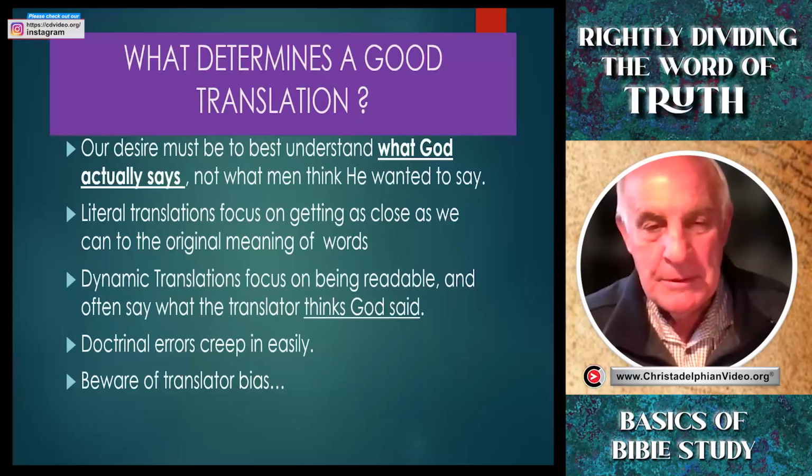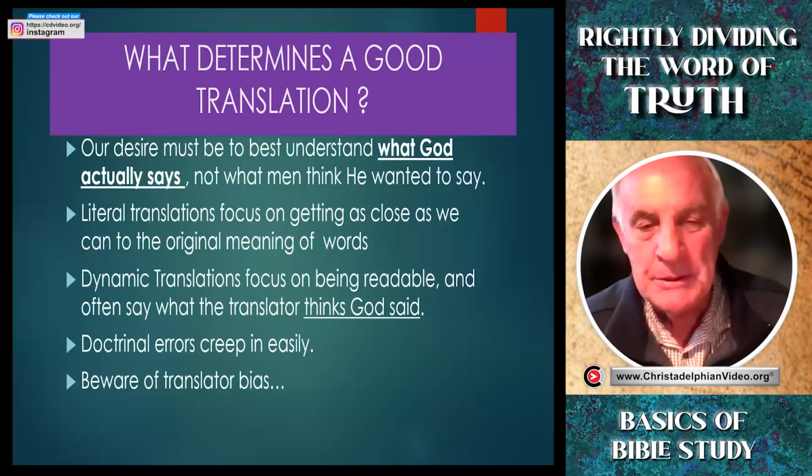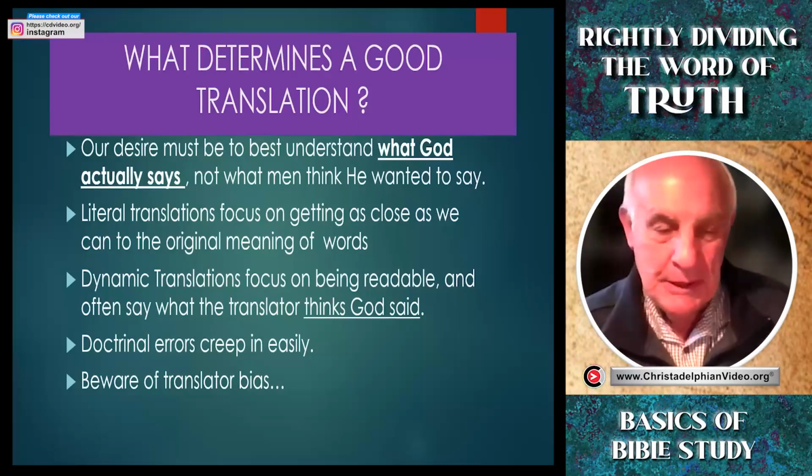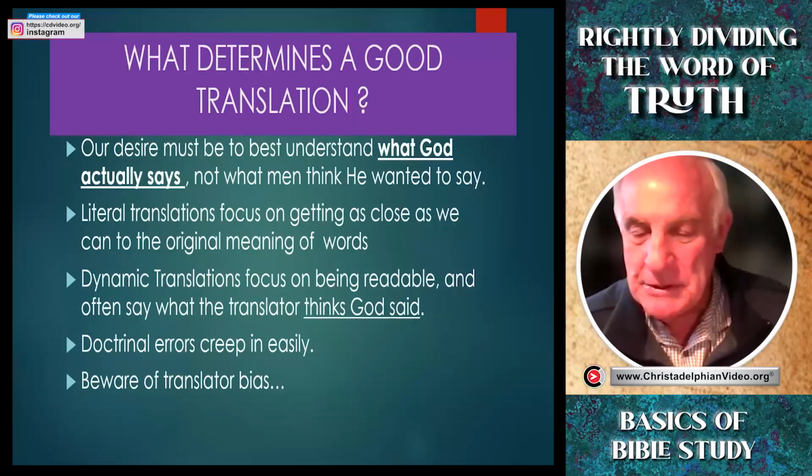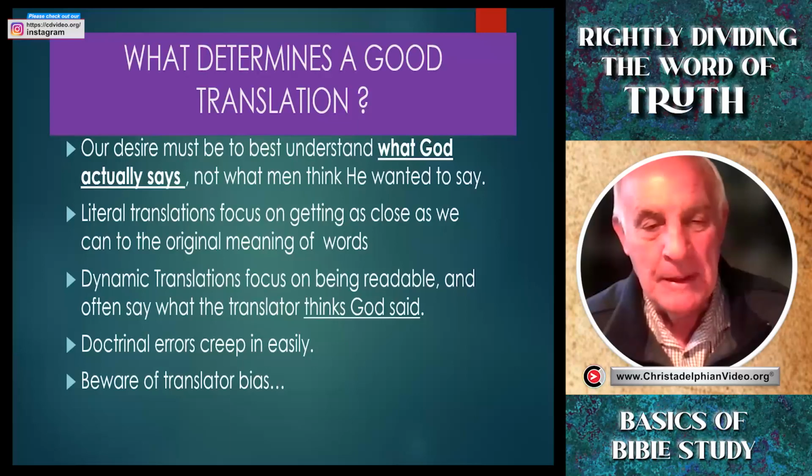So we've discussed the need for us to get literal translations because they focus on getting as close as we can to the original meaning of words. Dynamic translations, of which there are many, are very readable and often say what the translator thinks God said, and that's, of course, not a good area to be in.